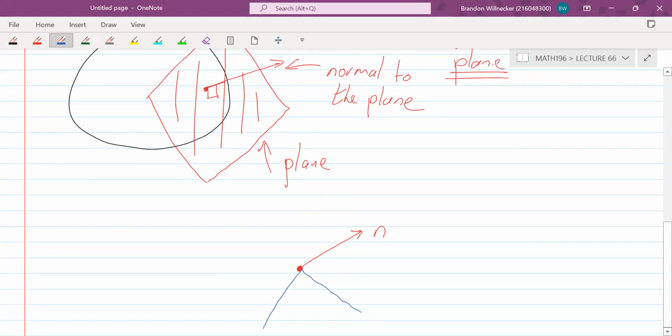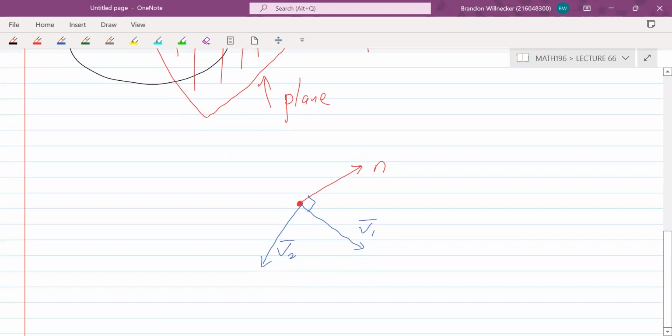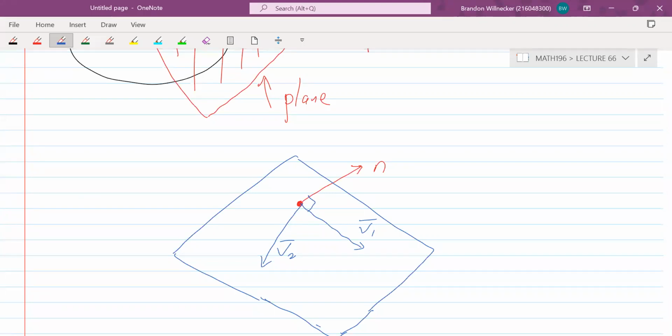Let's say here and here, where it's perpendicular to the normal, then these two vectors, let's say v1 and v2, must lie in the plane. If you just imagine that as the plane, you've got these vectors in the surface of the plane, and the normal is always perpendicular. So the collection of all these vectors make up the tangent plane, or they're in the tangent plane like that.